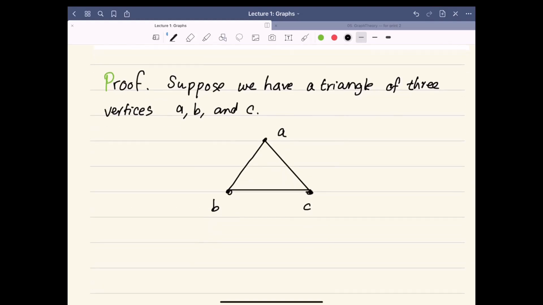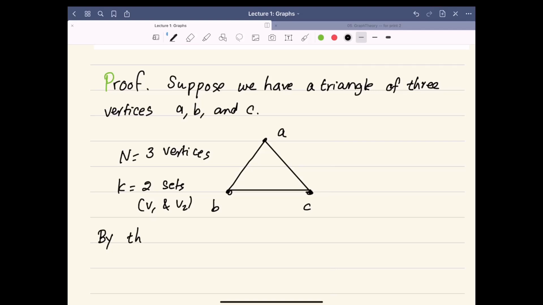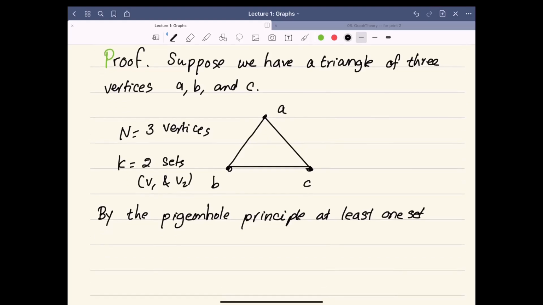So we will apply the pigeonhole principle. So N is equal to 3 vertices, and K is equal to 2 sets. And these sets, if you remember, are V1 and V2. So by the pigeonhole principle, at least one set, either V1 or V2, contains, we apply the pigeonhole principle formula.